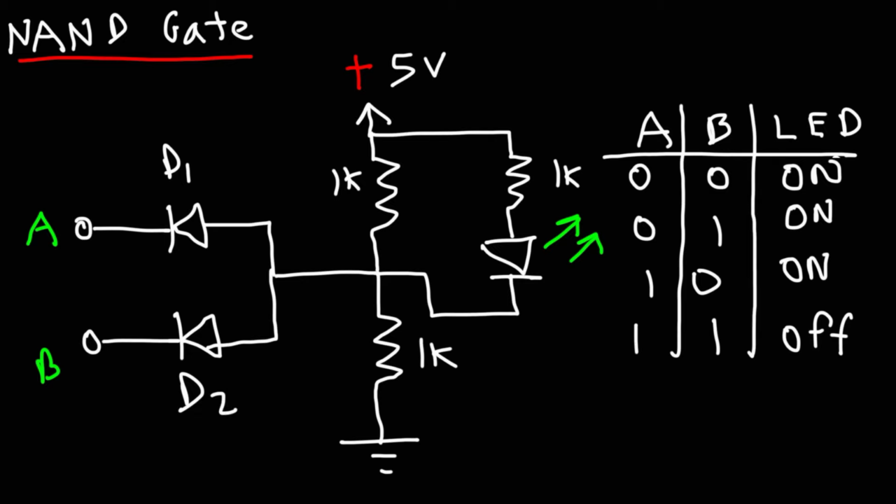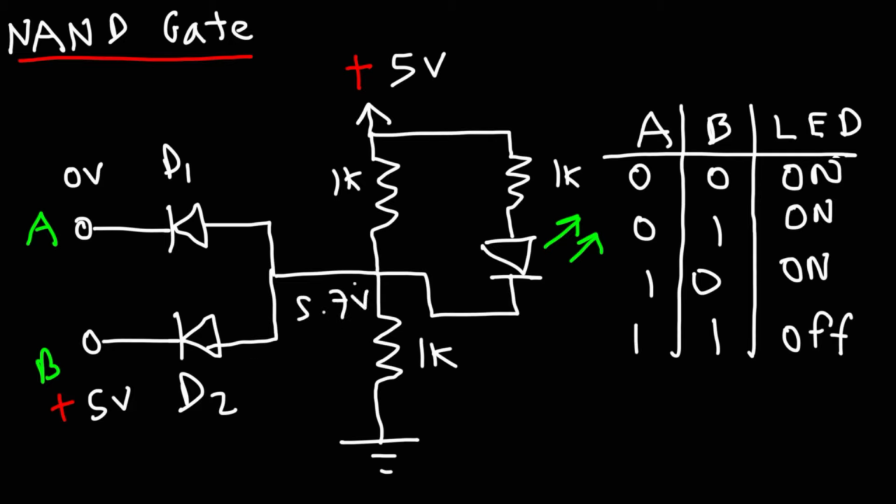So now, let's see what happens when A is off, but B is on. So A, we're going to set to 0 volts, and B, positive 5 volts. So what happens here? In order for D2 to be on, this voltage has to be 5.7 volts.